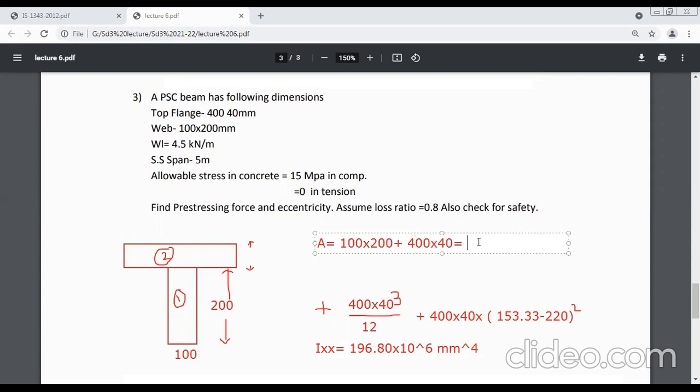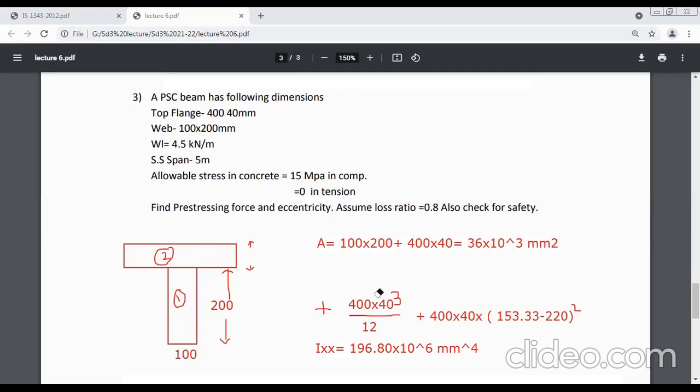How much cross-sectional area of beam? 100 into 200 plus 400 into 40. It will be 36 into 10 raised to the power 3 mm square. Okay, mm square. So this one is the cross-sectional area of beam.